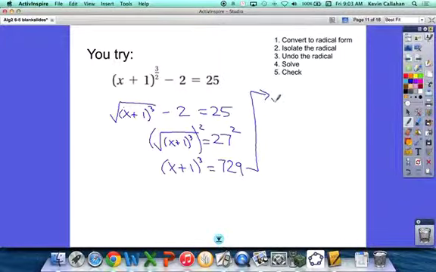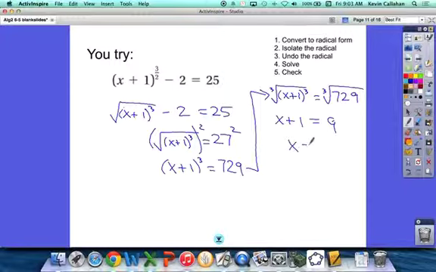Take the cube root of both sides, right? The cube root of x plus 1 to the third equals the cube root of 729. And the cube root of a cube just gives us what's inside. And what's the cube root of 729? 9. So what does x equal? 8.